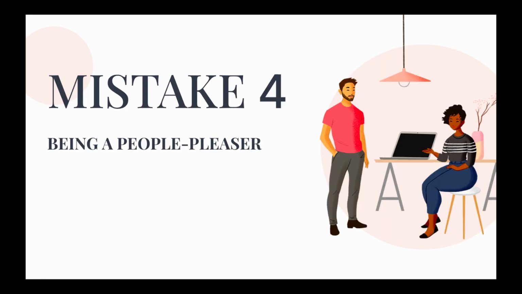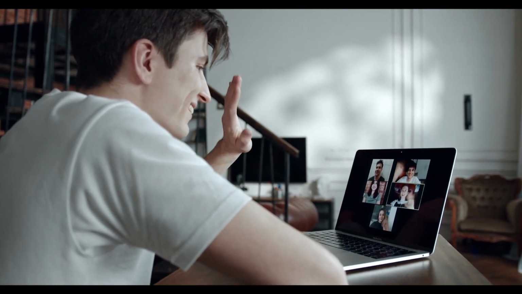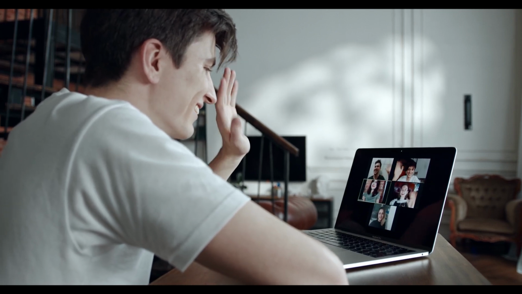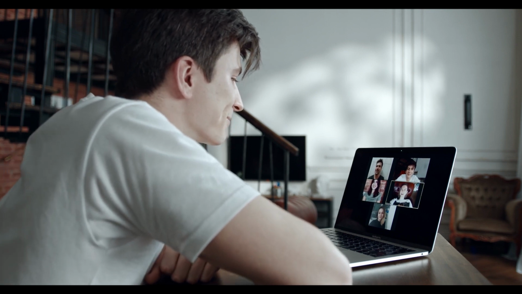Being a people pleaser. People pleasing is all about the need to be liked and the fear of not being liked. Most people hate conflict naturally. But hiding from conflict or trying to make everyone happy will only set you up for failure.